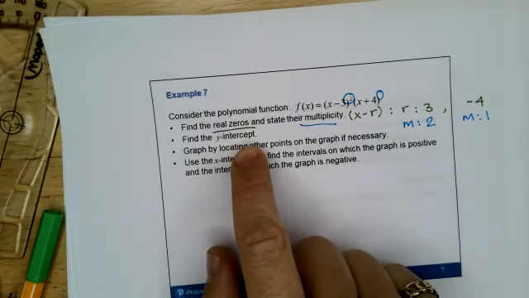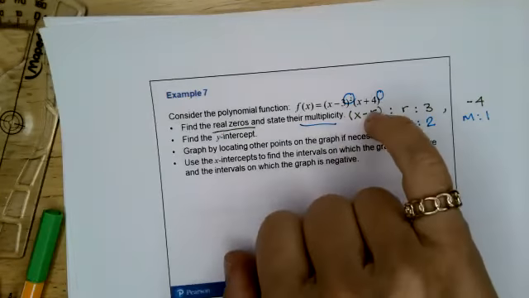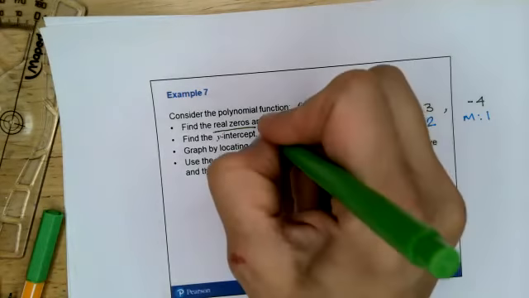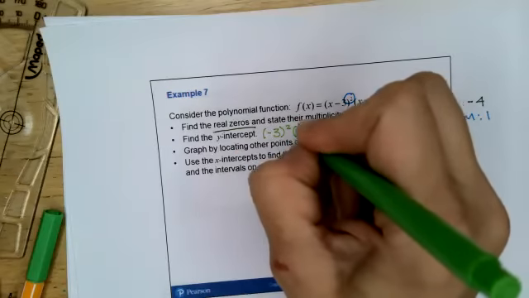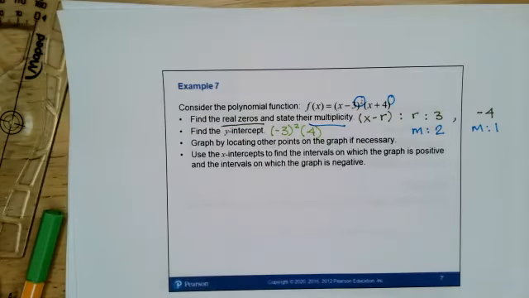To find the y-intercept, you want to multiply your constants. So we're going to multiply -3 squared and 4.